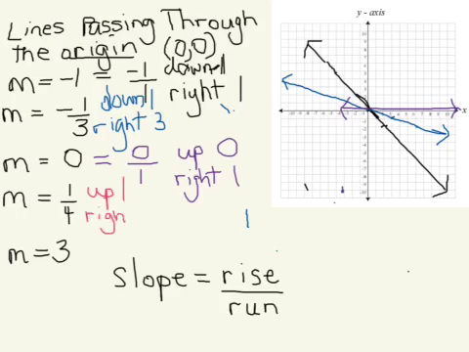Whenever the bottom number is positive, you always go to the right. Notice that? It's just the top number that you could either end up going up or down. So from the origin, if I were to go up 1 and right 4, 1, 2, 3, 4, I'd end up right there. And I can put a dot, and then I can join them.